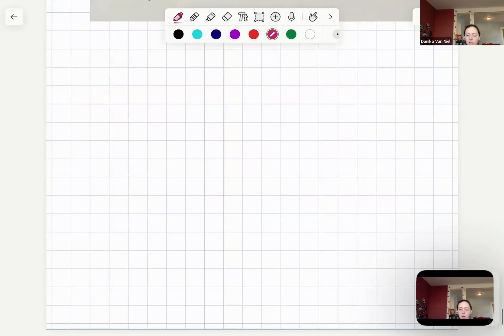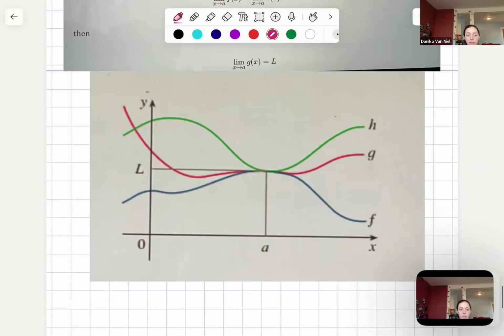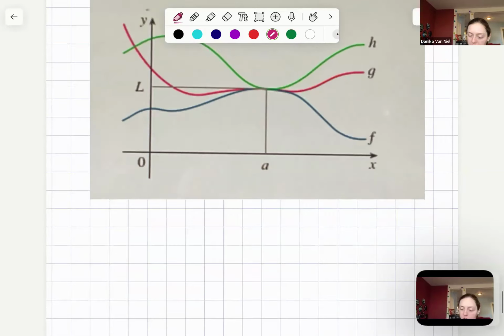I forgot to copy and paste the pictures. Oh my God, okay. So the example I want to do is... okay, now I remember what the example was.